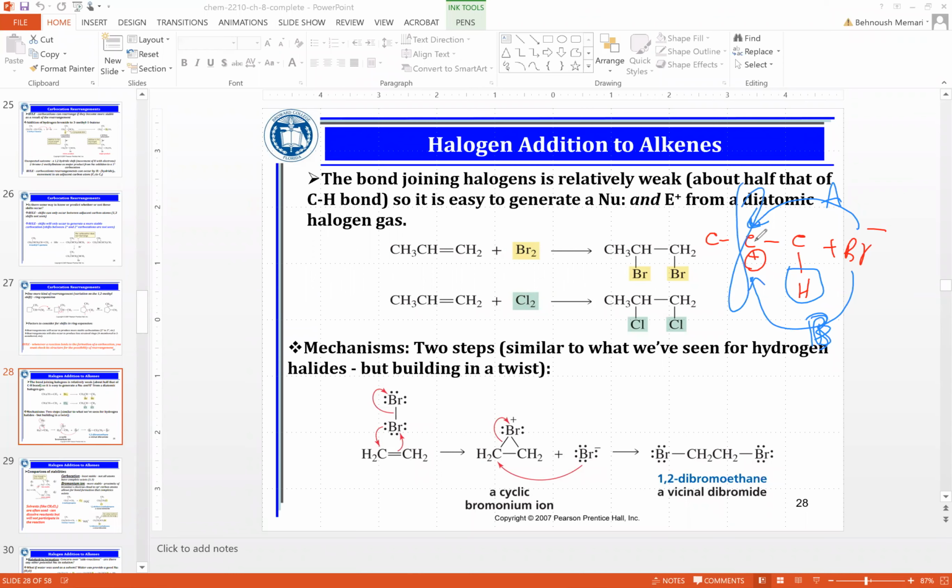When you have a carbocation, that means you have an sp2 hybrid. A carbocation is an sp2 hybrid with an unhybridized p orbital. So it's going to be basically 50-50, the top and the bottom. That's when you have formation of a carbocation.